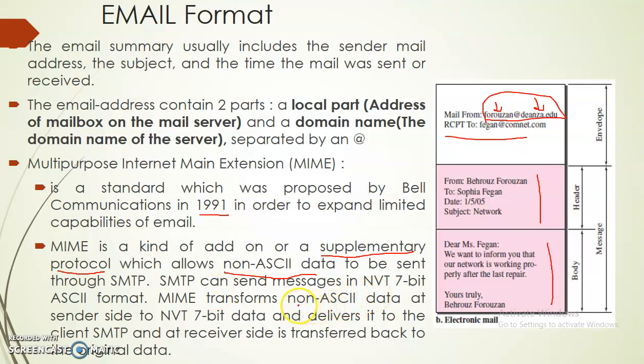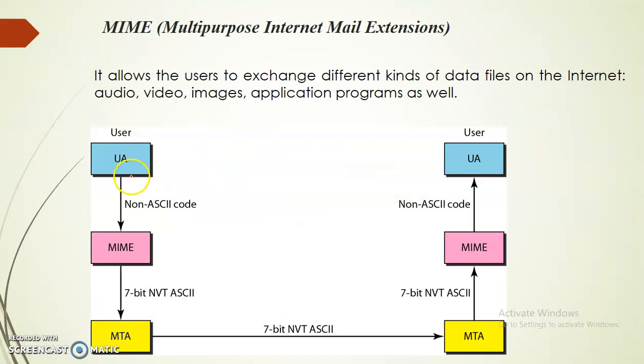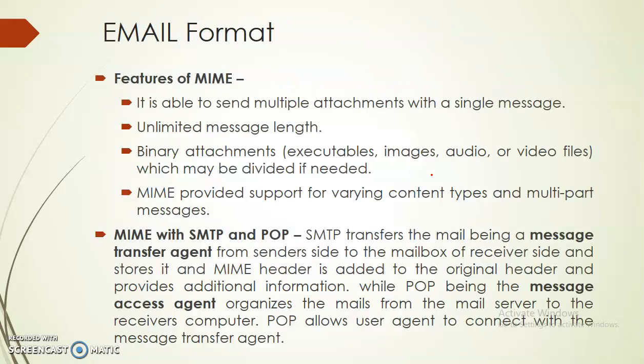It converts your non-ASCII data at the sender side to NVT 7-bit data. We have already discussed NVT in the Telnet protocol in the last lecture, right? And at the receiver end, it is converted vice versa. Here the user agent sends the non-ASCII data, MIME converts it into 7-bit NVT ASCII data, and at the receiver end that is converted back again, right?